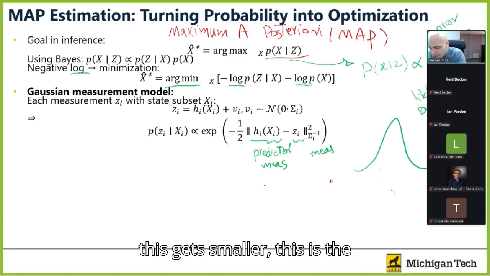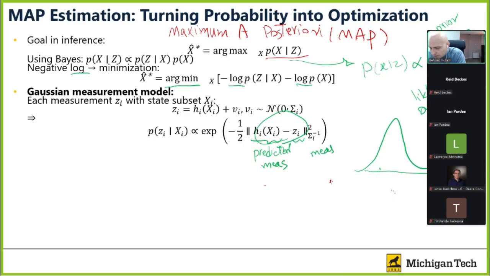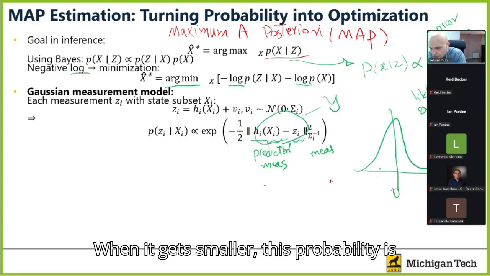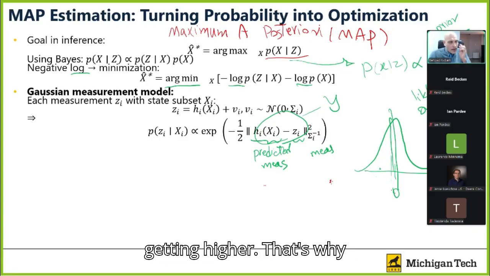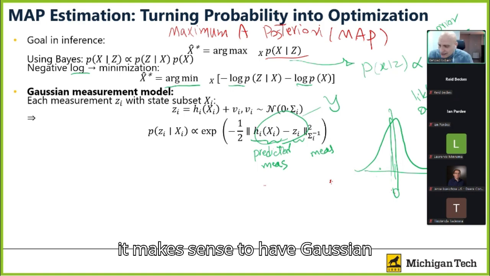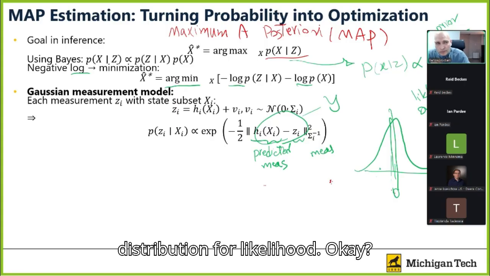Call this difference, for example, y. When y gets smaller, toward 0, the probability gets higher. That's why it makes sense to have a Gaussian distribution for the likelihood.